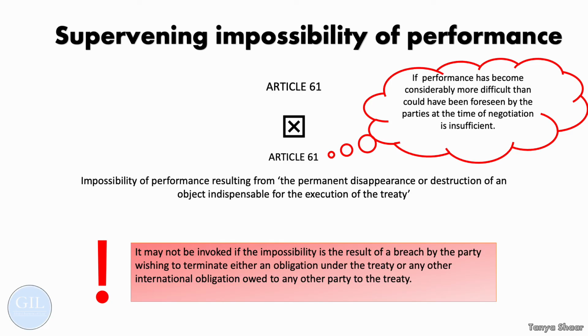Additionally, if the performance has become considerably more difficult than it could have been foreseen by the parties at the time of negotiation, it is also insufficient to terminate it on this ground. So the scope of this article, while it may seem to be quite wide, has actually been considerably narrowed.